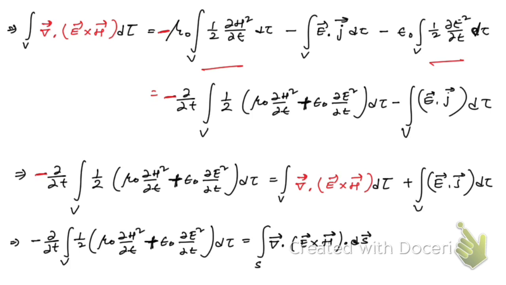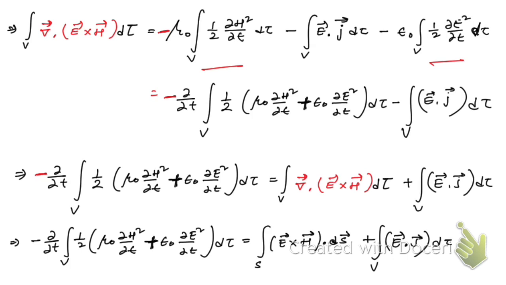Hope you have understood this conversion of volume integral to surface integral. When you convert this, the del sign should not be written. This is Gauss divergence theorem, so we write this one only, plus E dot J.